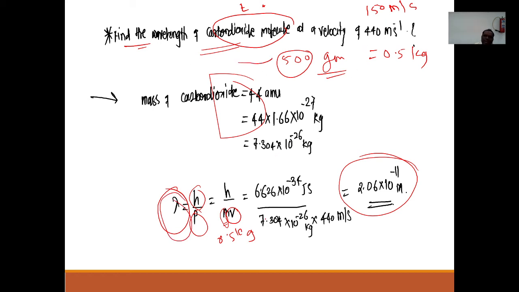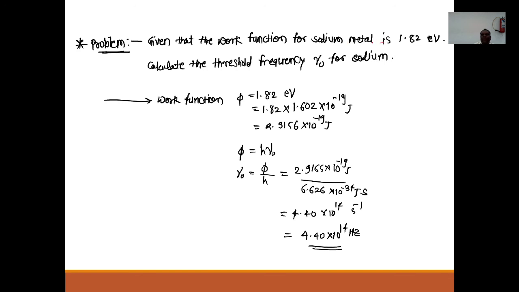Or sometimes they will give the mass and the wavelength value, and they may ask to calculate the velocity of the electron. In this problem, work function is given and they asked to calculate nu zero. In some problems they may say it the other way around: nu zero will be given and they may ask to calculate the work function. We know that if nu zero is given and Planck's constant is known, then we can easily calculate the work function. In another problem, kinetic energy is equal to half m u square.